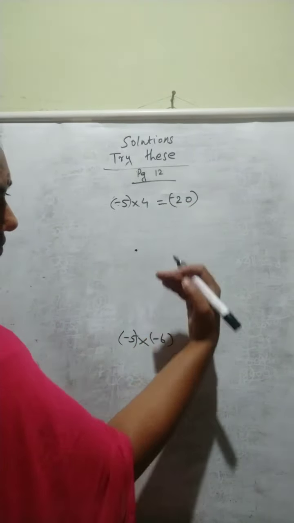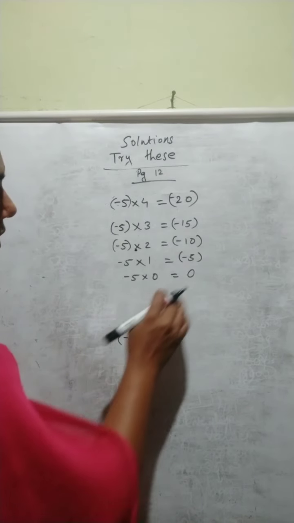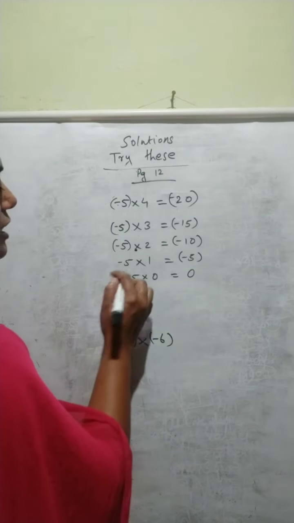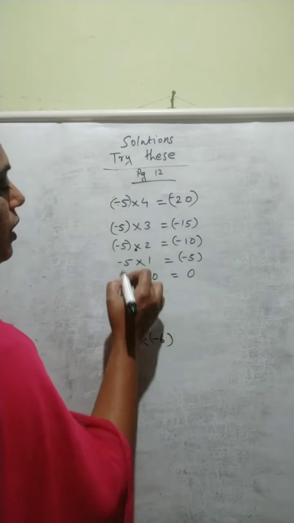Sorry, 0 as the answer. When we are multiplying by 0, we will get 0 as the answer. Then negative 5 multiplied by negative 1. Now, here both are negative integers. So we will get positive as the answer.